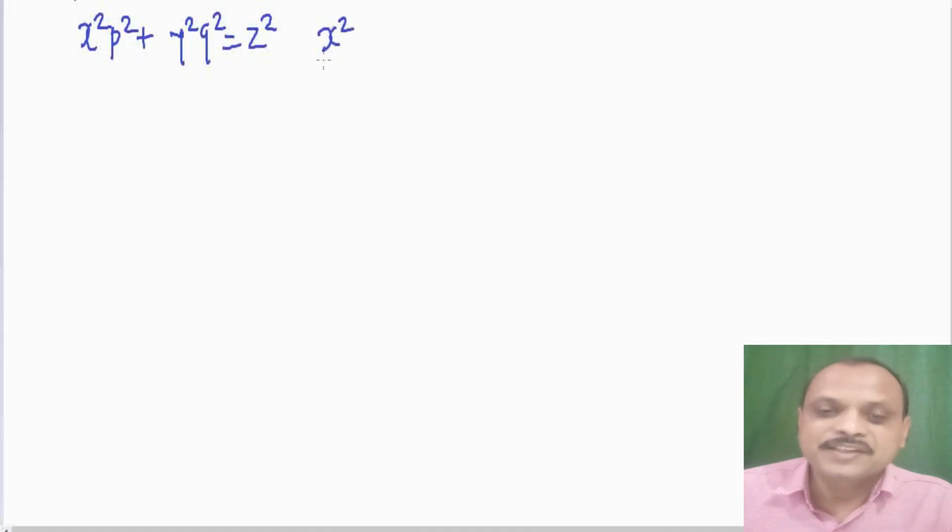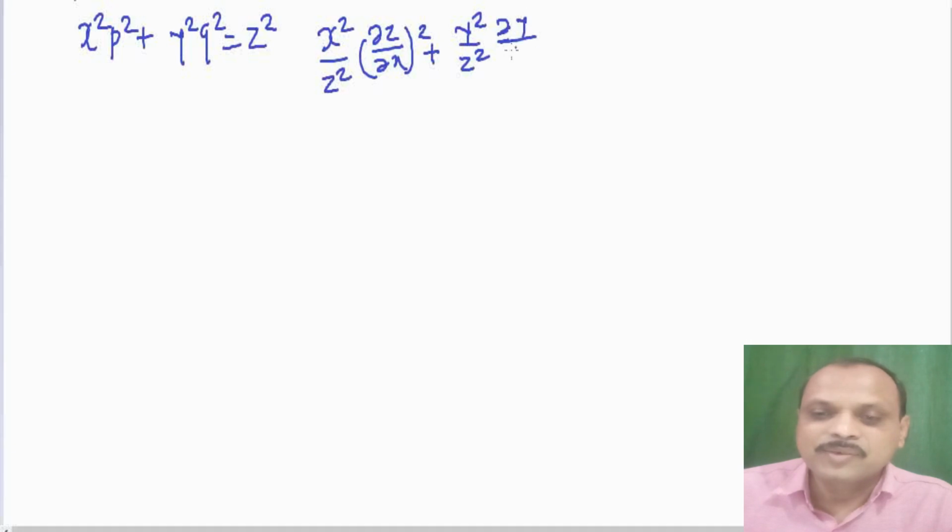We write it as x square divided by z square into p square, that is del z by del x whole square, plus y square divided by z square into del z by del y whole square equal to 1.